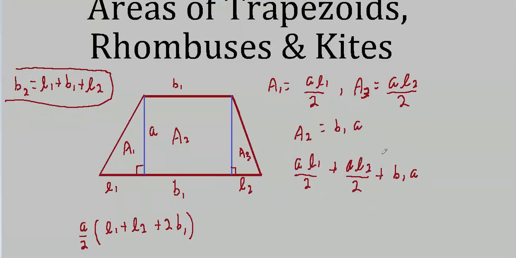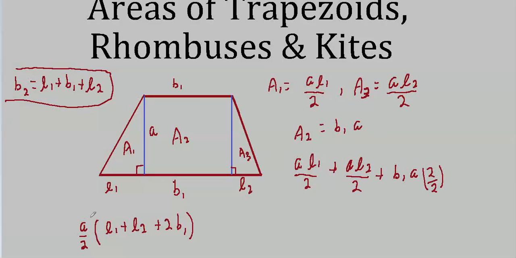Well, what I want to do is pull 1/2 out of this whole thing and use my distributive property to put a 1/2 in front of all of it. If I do that, I can put a 2 in front of the B1. In other words, I could just write this as 2 over 2. That's just multiplying by 1, so it has no effect. But when I pull the 1/2 out, it now distributes across all 3 of them, which is what we wanted. So this is just a little trick that makes things work out right.